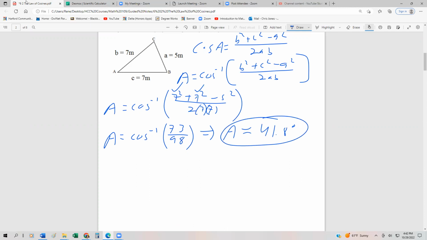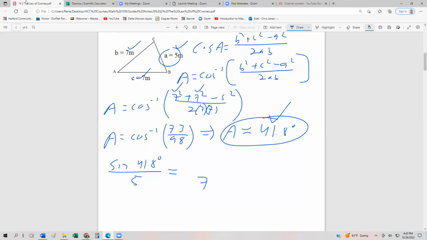Now, at this point, let's see if we can figure out another one of the angles. At this time, we could use the law of sines, because we know that a is 5 for the side, and A is 41.8. So this means that we're going to have the sine of 41.8 degrees divided by 5, which is the side. And it really doesn't matter because b and c are the same.